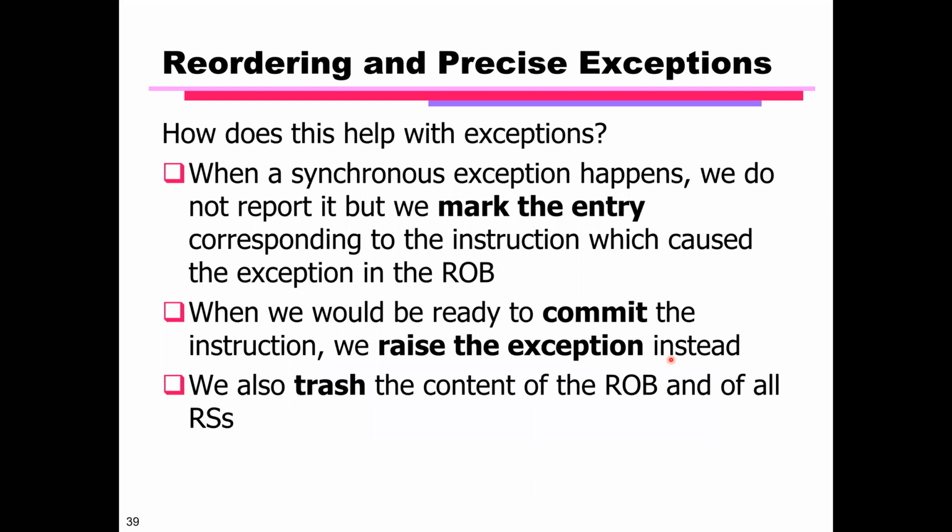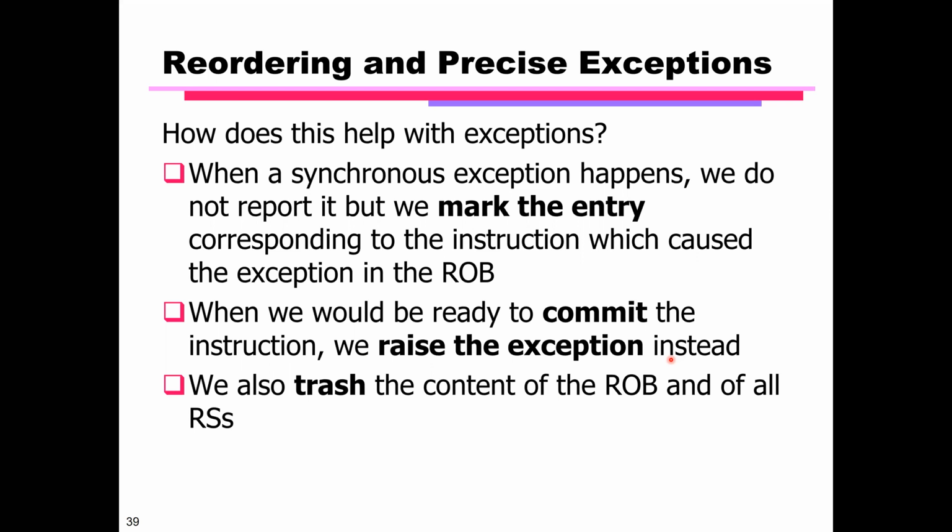Now, how this exactly connects with the precise exception, I hope it is clear to you already, or you can imagine easily, but let's say it explicitly. The idea is that when I have an exception, when I realize that maybe a store or a load would like to access an address that I cannot translate, my normal reaction would be to immediately raise an exception and say, oh, we can't, let's go and call the handler to do something.